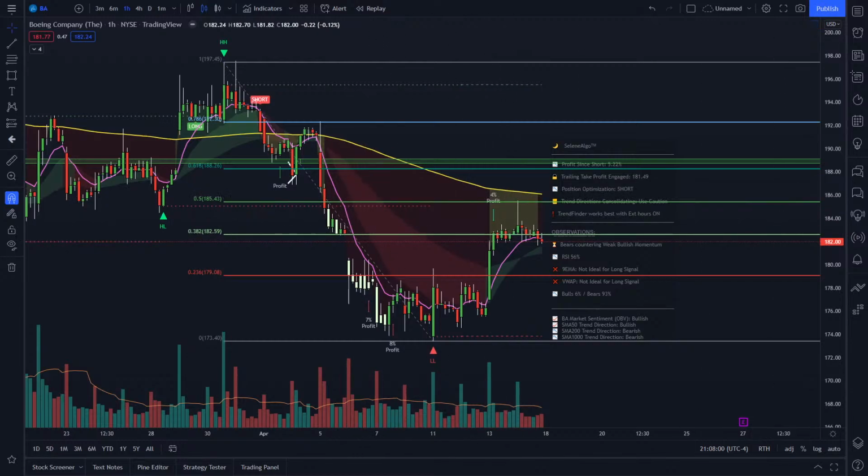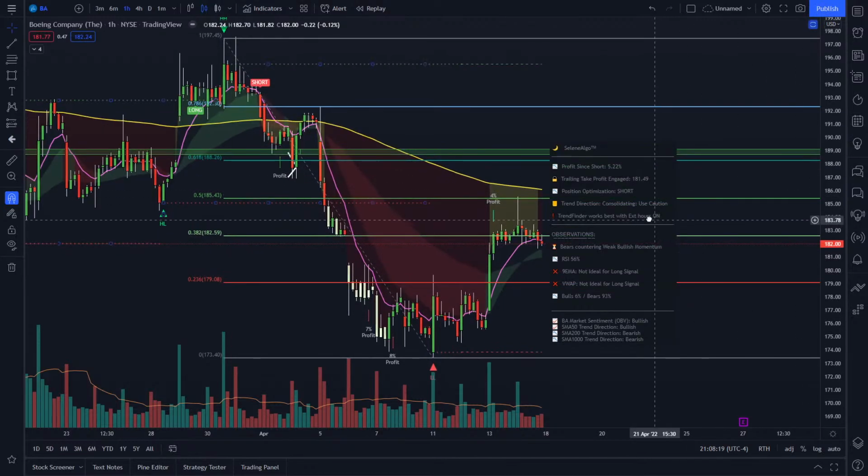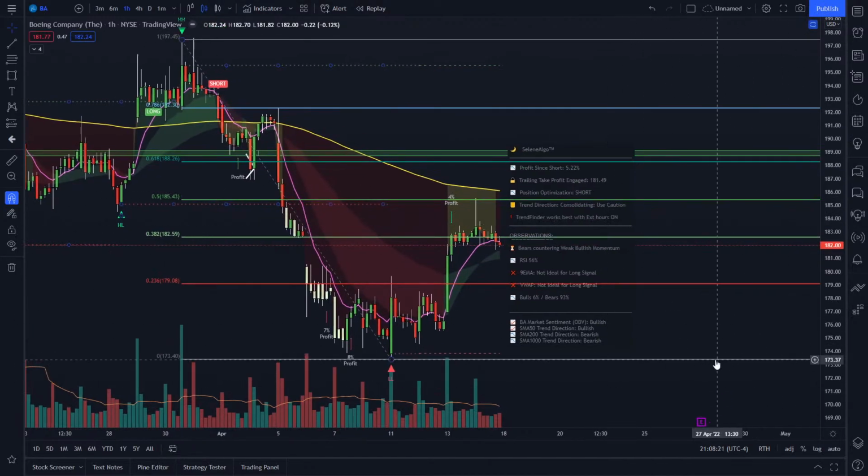So I just made a fib level from 197 to 173. So now we have this 0.382 fib level. We'll see if we're pushing below 181 on Boeing this week. I don't want to short Boeing this week with airlines. I think it's going to probably be picking up more than likely with airlines continually doing well on earnings.